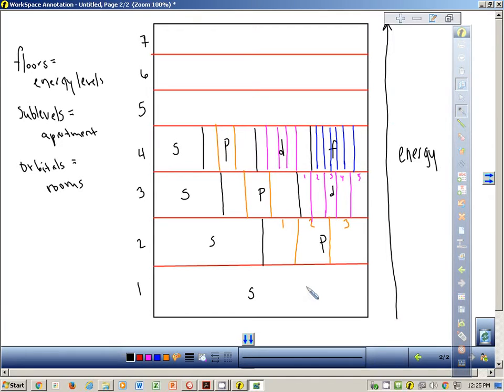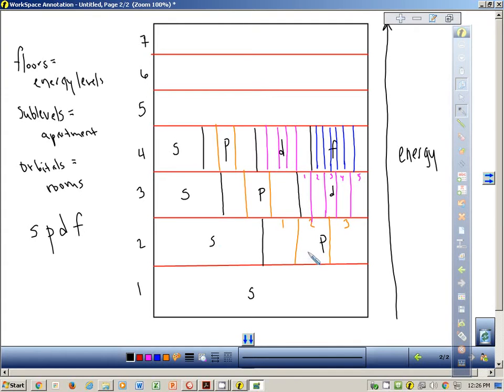Are we listening? There's a lot of talking. What if we're within the same level though? S, P, D, and F go in order of increasing energy as well. In other words, S has less energy than P, P has less than D, and D has less than F. So if we're looking in the 2nd energy level, S has less energy than the P's in the 2nd level.